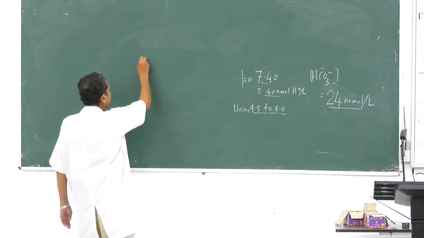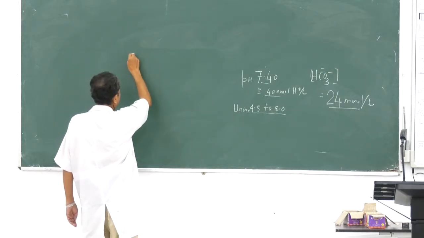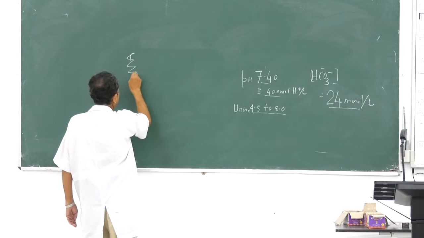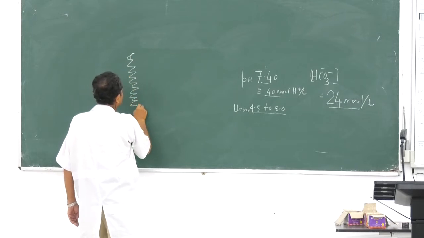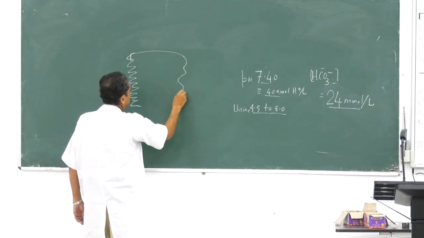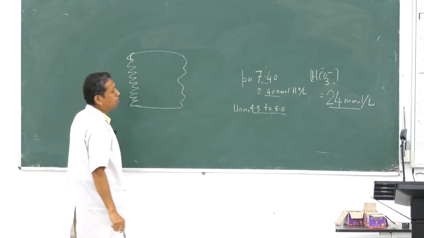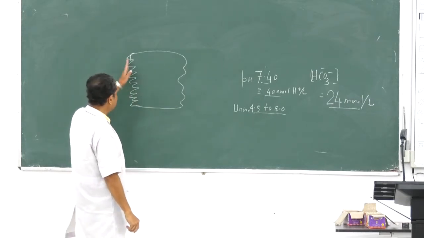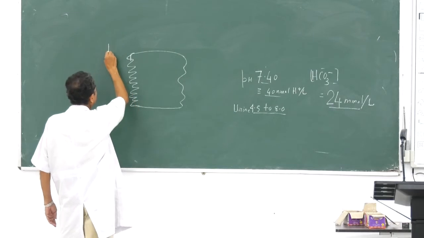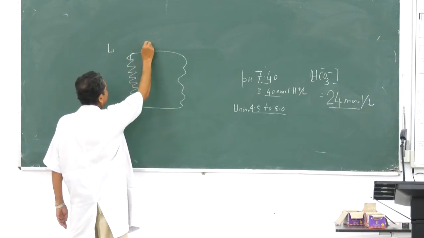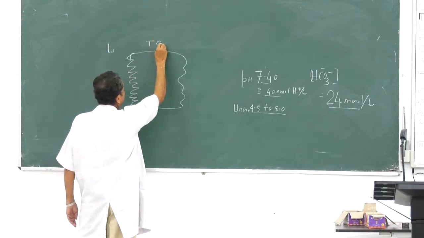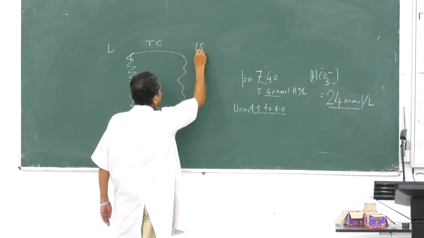If you take the case of proximal tubular cells, this is the luminal border, the brush border, and this is the tubular cell, and this is the interstitial fluid.